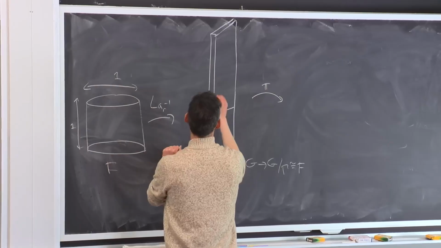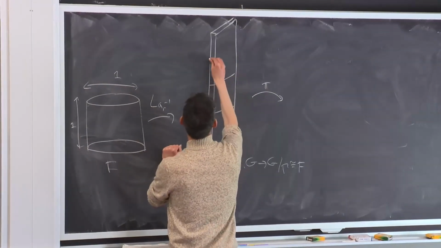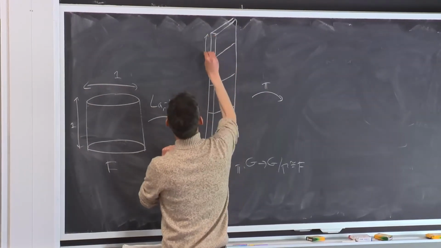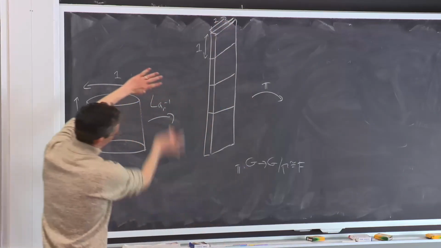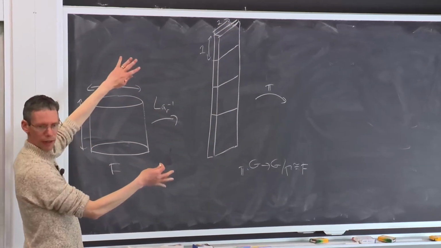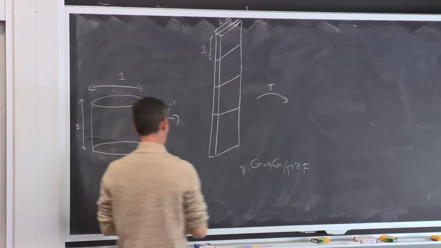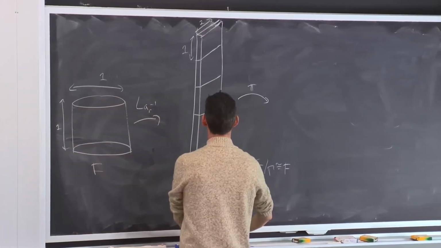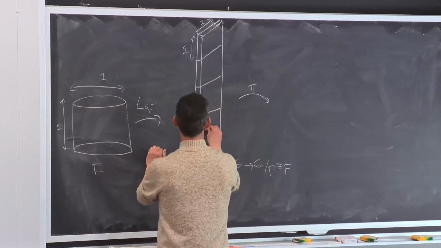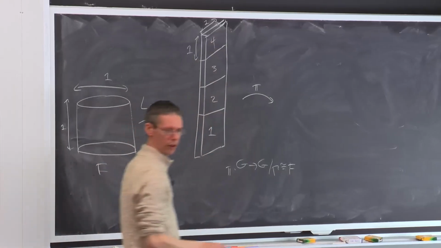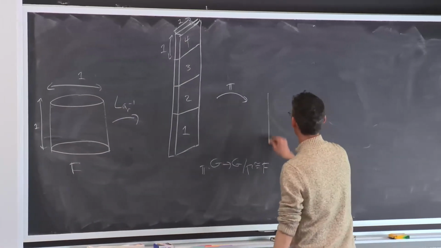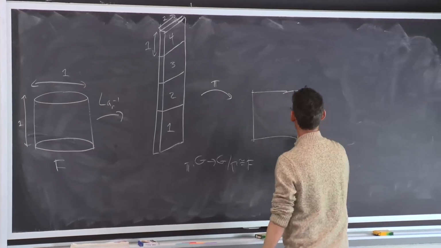So imagine cutting it into pieces whose height is only around 1. Okay, and this was only ever around 1. So each of those pieces now is small enough to fit in the fundamental domain. Let me call it piece 1, piece 2, piece 3, and piece 4. All right, now those are going to sort of fold back into the fundamental domain.